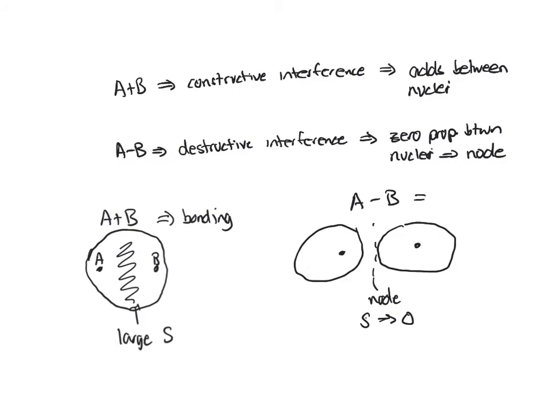And this one is called an anti-bonding. It takes away from bonding because now the electron is more likely to be associated with A or associated with B and not associated with both of them. And that node means that now these two nuclei are not connected to one another by that electron.